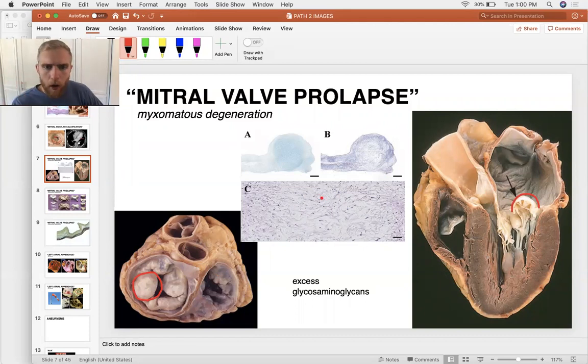And then you even slice it histologically and you realize, wow, it's got a lump to it. So that's what a mitral valve prolapse is going to look like grossly. And myxomatous degeneration is going to refer to the abundance of GAGs, or glycosaminoglycans, also known as mucopolysaccharides, within the tissue of this valve.